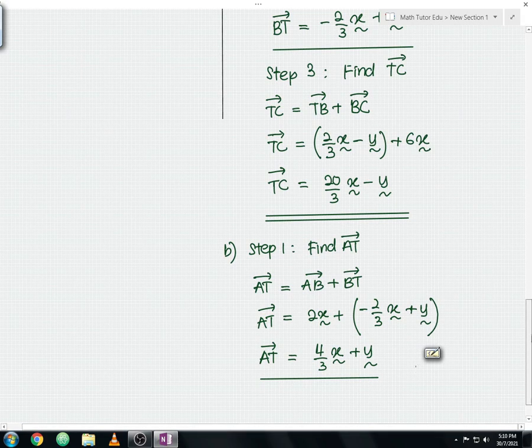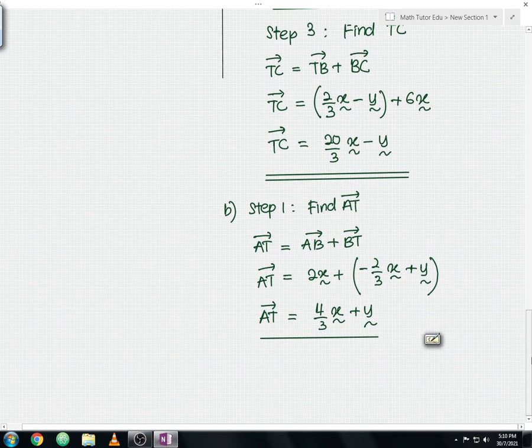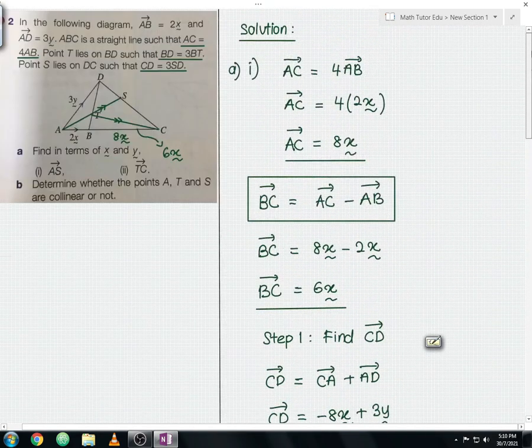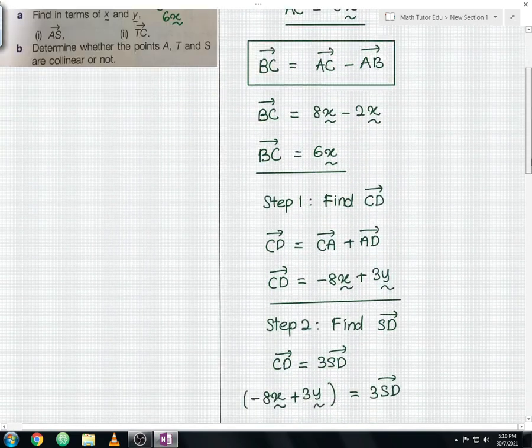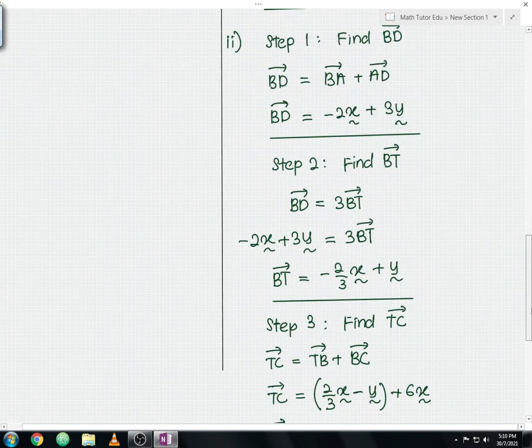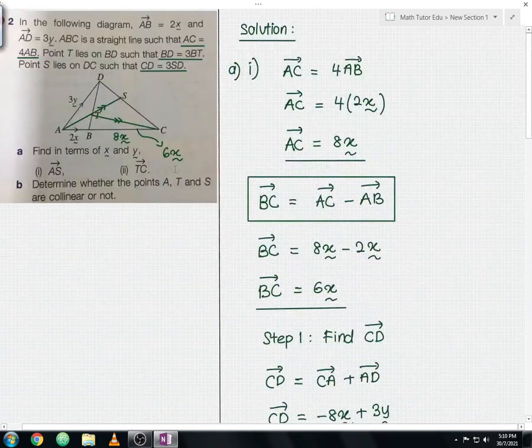So like I said in the earlier discussion, you need to use either vector AT or vector TS to check whether the points A, T, S are collinear or not.